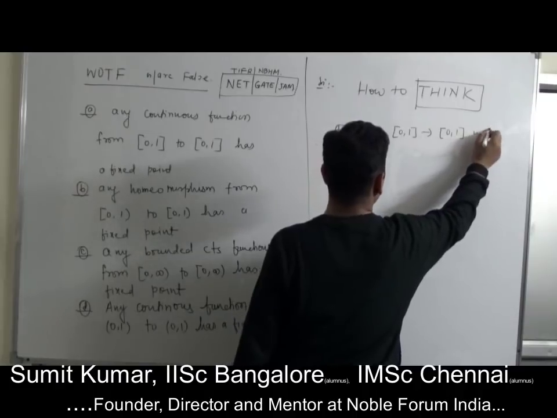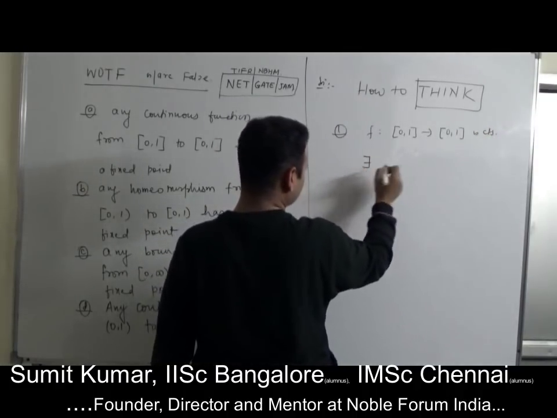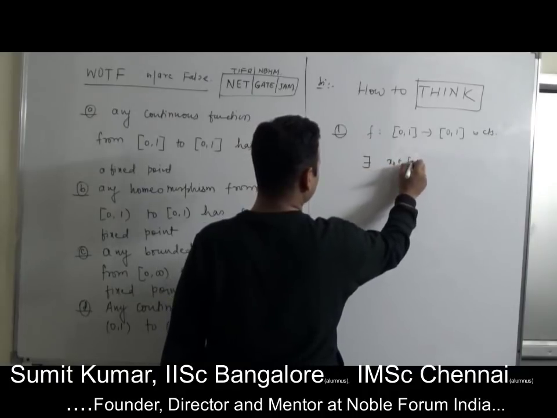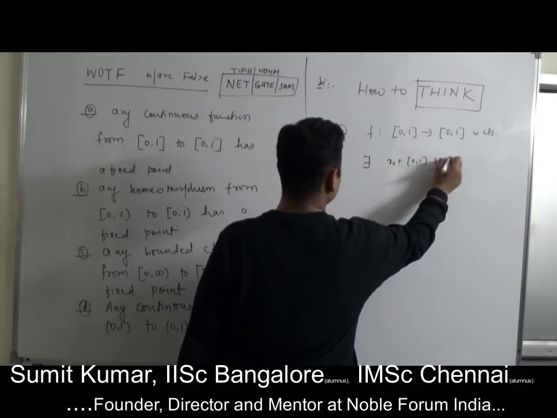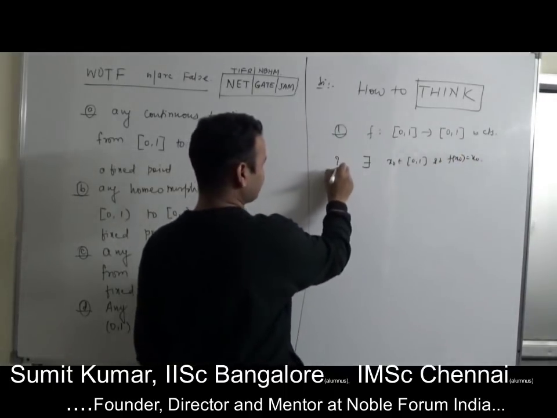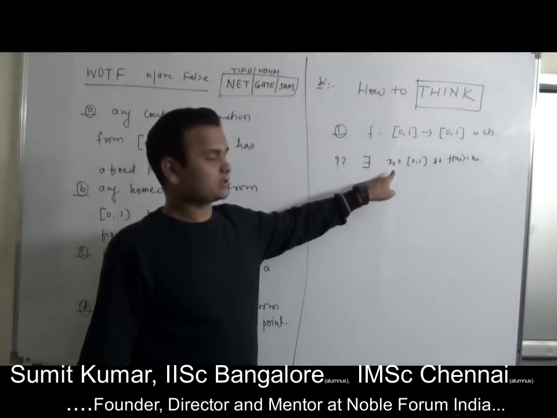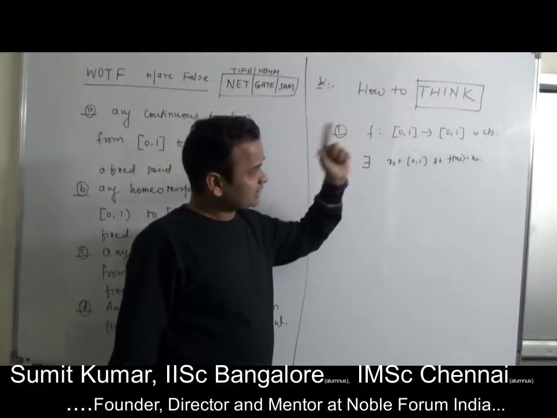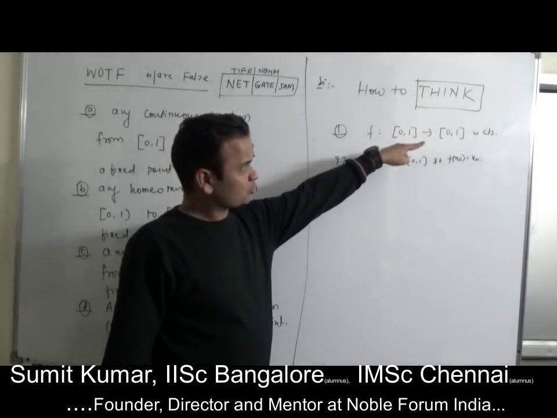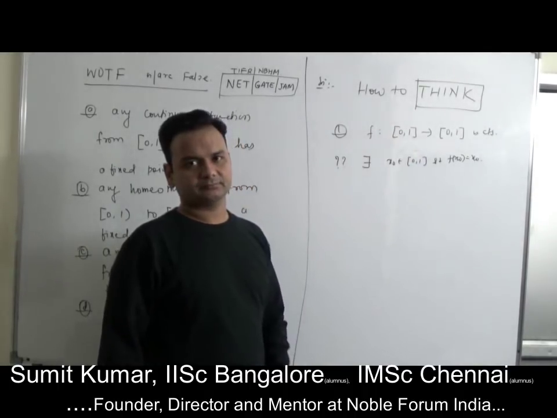They are asking whether there exists x0 in [0,1] such that f(x0) = x0. That's what you have to check: whether this statement is true or false. What is the condition? The domain is this, the codomain is this, and the function is continuous. Can you have a fixed point?